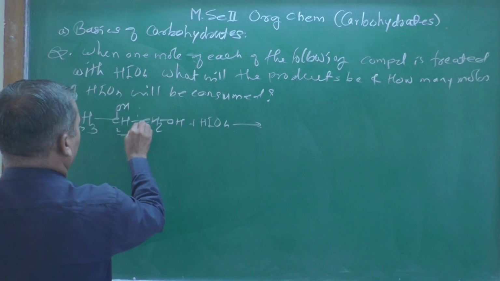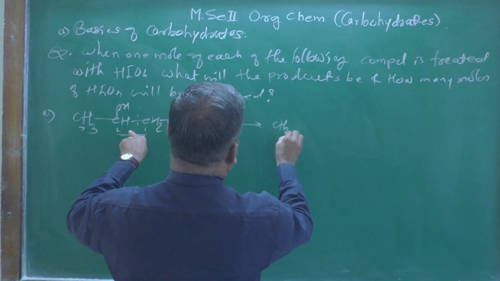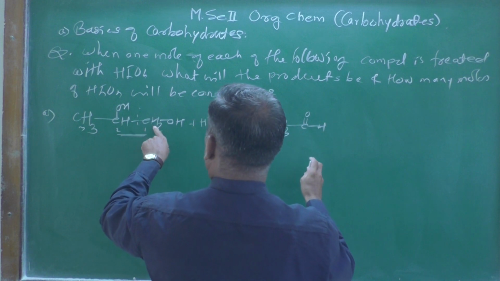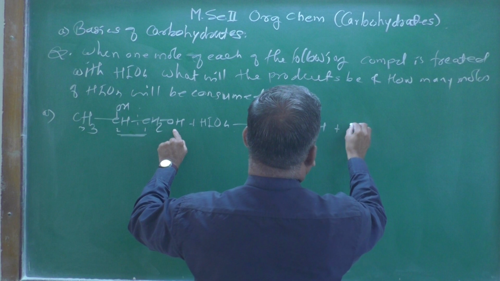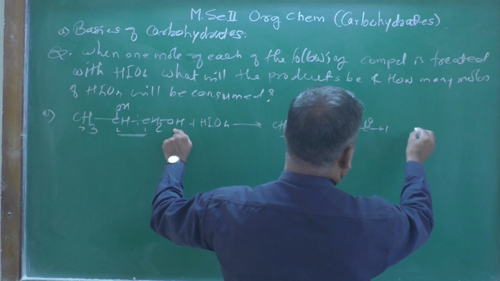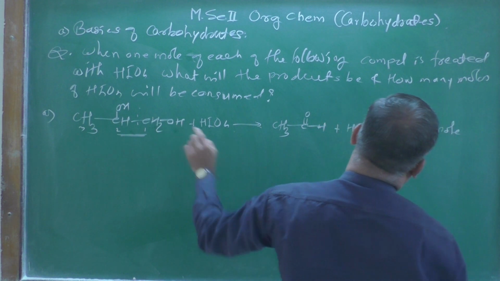And what kind of product will they produce? Look here, CH3, then C double bond O, H, acetaldehyde. Another one will give C double bond O, H, formaldehyde, meaning only 1 mole gets consumed.